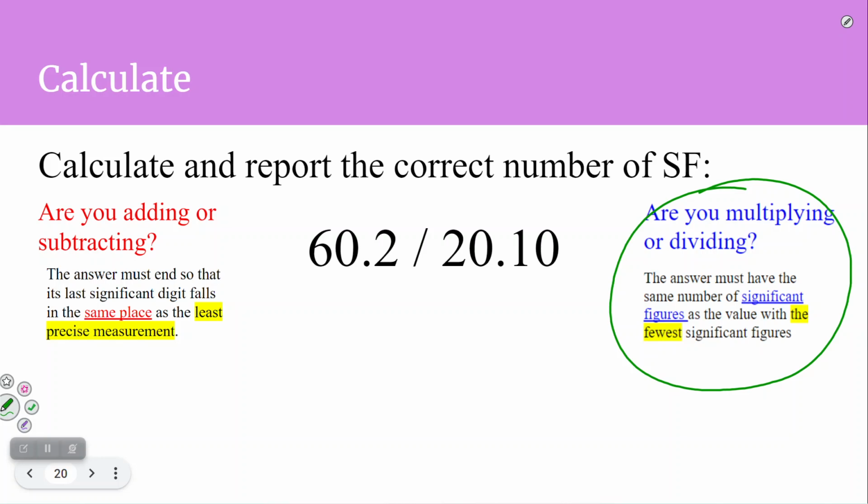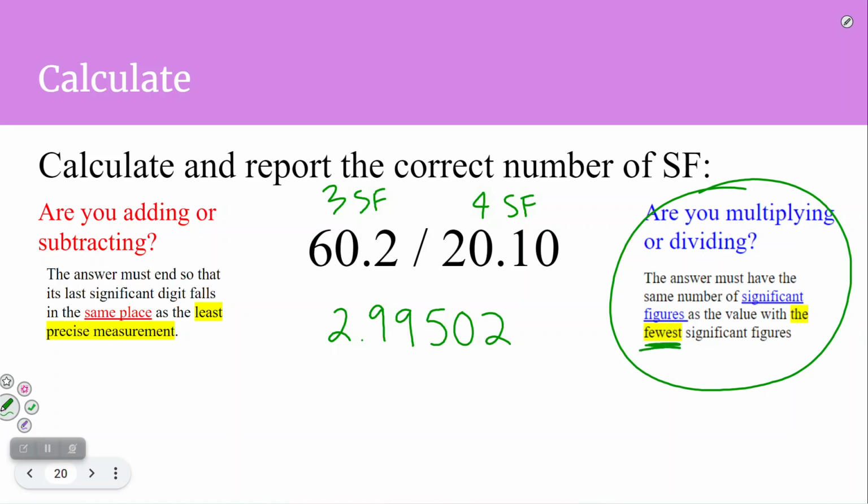So 60.2 divided by 20.10. In this case, we're going to end up with that 2.995 situation we had earlier. But now, how many digits are we allowed to have? This has 3 sig figs. This has 4 sig figs. But we're only allowed to have the fewest sig figs.